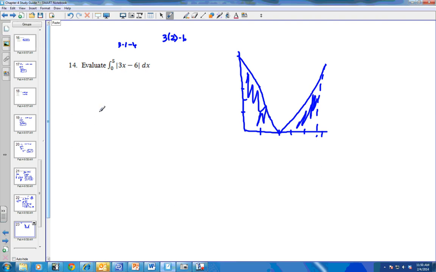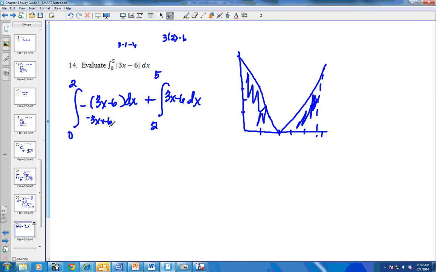Okay, so here's how I'm going to write my integrals. I'm going to say from 0 to 2. Now, if you notice, this line has a negative slope. So I'm going to say the negative of that equation plus the integral from 2 to 5 of 3x minus 6 dx. So I'm going to distribute this. This is actually negative 3x plus 6.